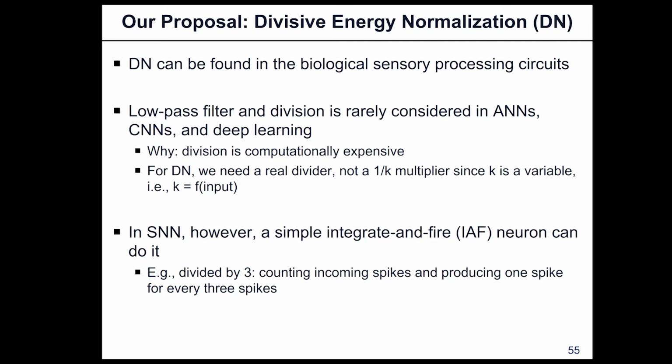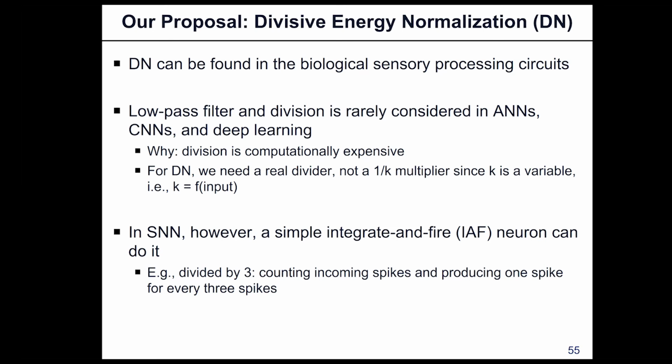The reason is that division is computationally expensive. Division is 10 times more complicated than multiplication, and multiplication is 10 times more complicated than addition. So most digital signal processing ends up adding and subtracting because it's cheap. And also, if you do multiplication, usually you multiply with a constant multiplier, because it helps simplify your multiplier hardware.